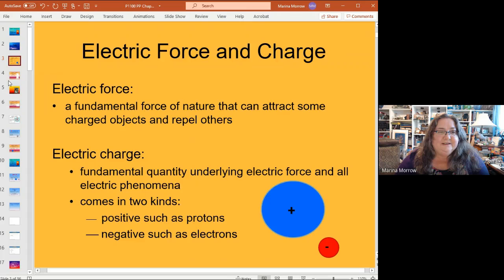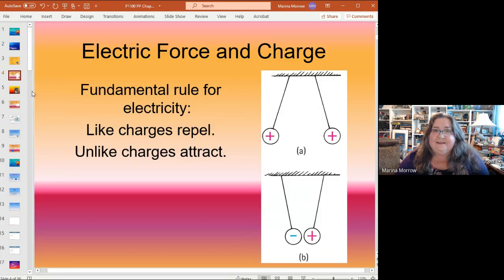And those 2 charges can, of course, cancel out. So you can have things that are neutral also. Now, a fundamental rule for electricity is that like charges repel and unlike charges attract. So 2 positive charges will repel, or 2 positively charged objects, whereas a negative and a positive will be attracted.